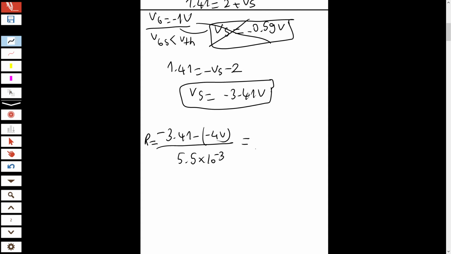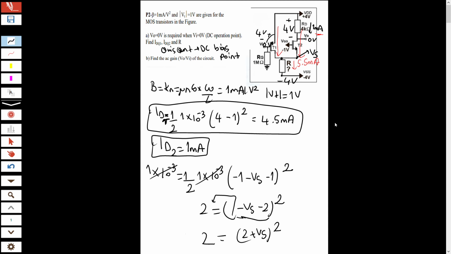And R is something like 107.2727 ohms. This was the R value.